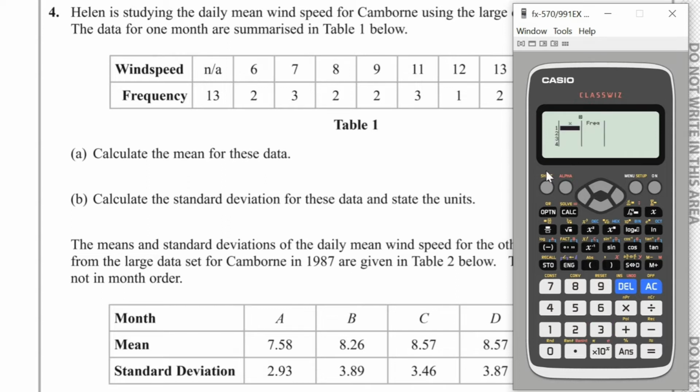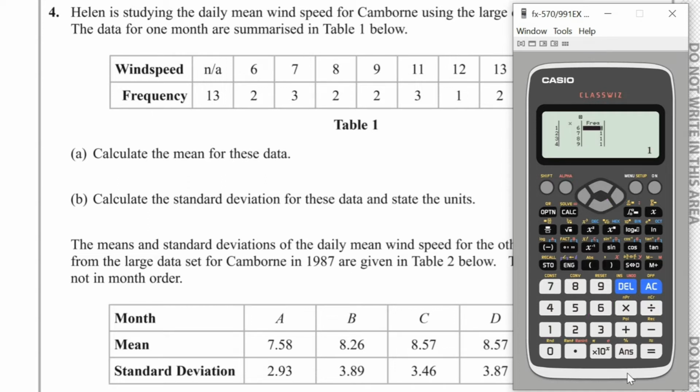So we can ignore this wind speed, and then for the rest of them, we've got 6. Then we've got 7, 8, 9, 11, 12, 13, 14, and 16.